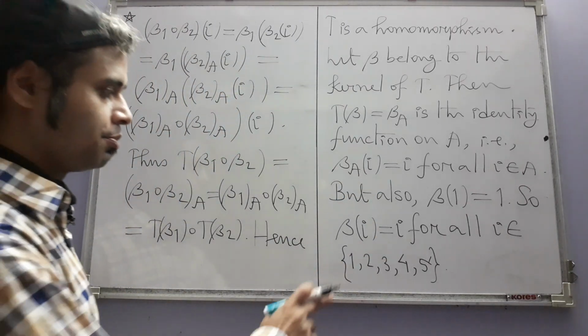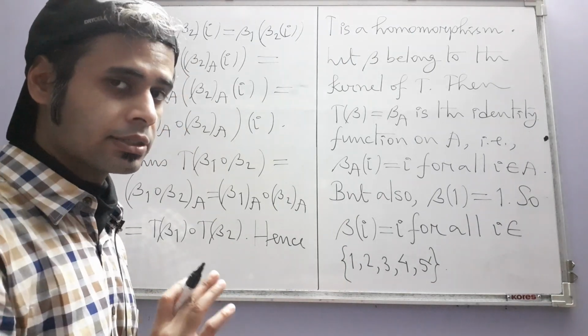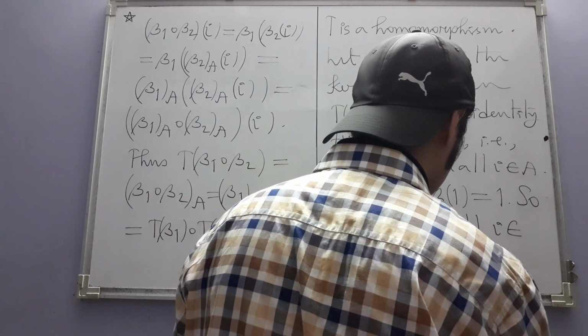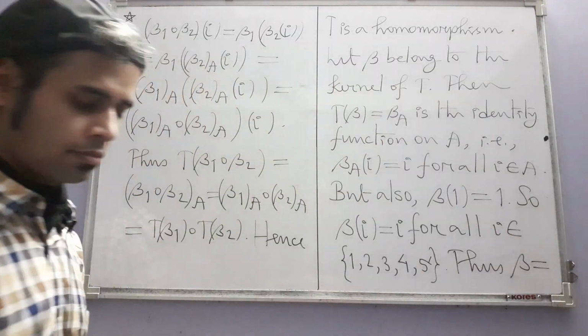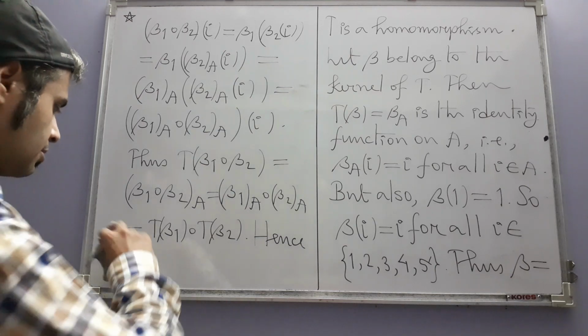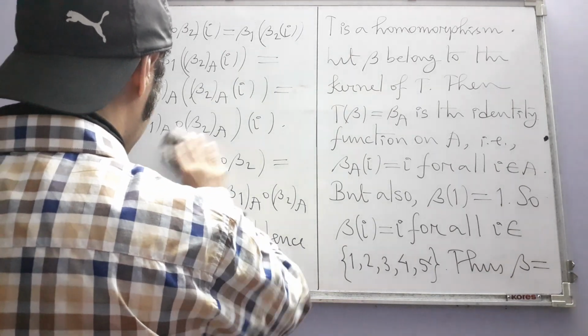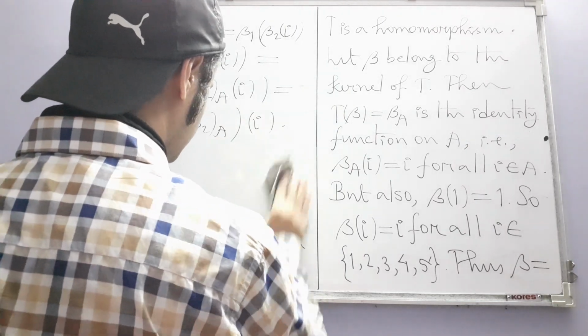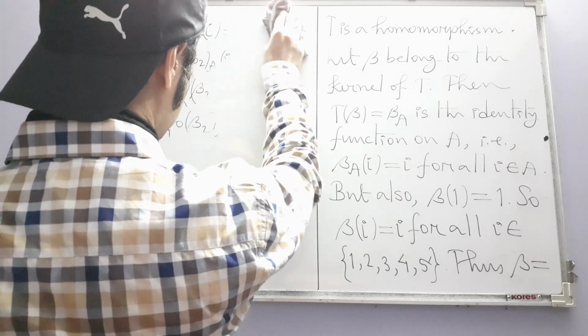Which means that beta is the identity function in S5, that is the identity permutation. So that means the kernel of T consists of only the identity element in S5. In S5 and in H also, same thing.